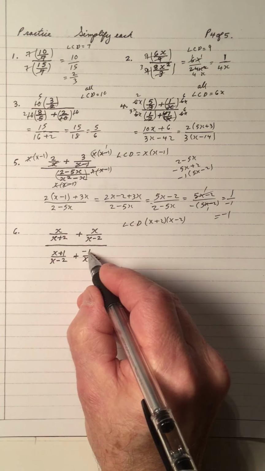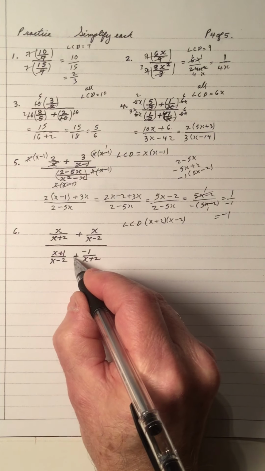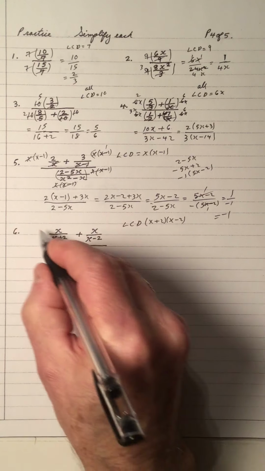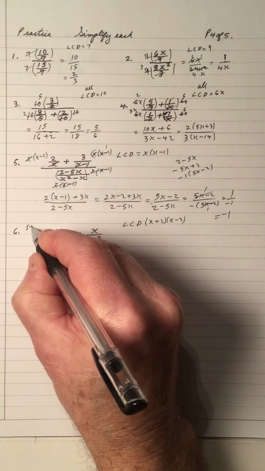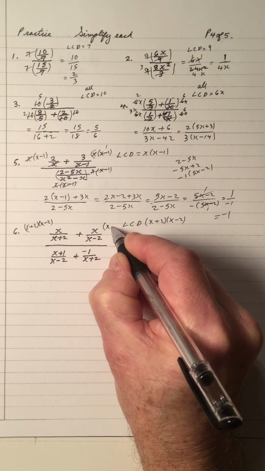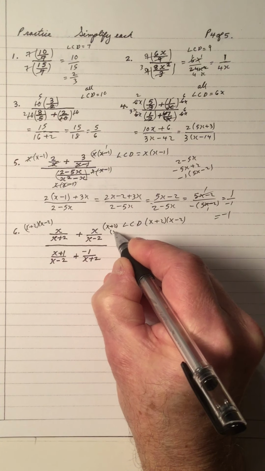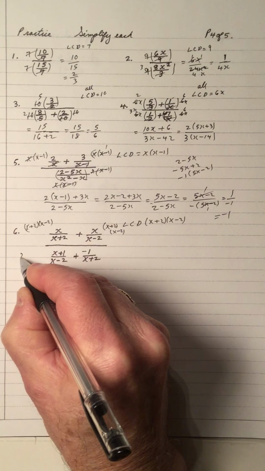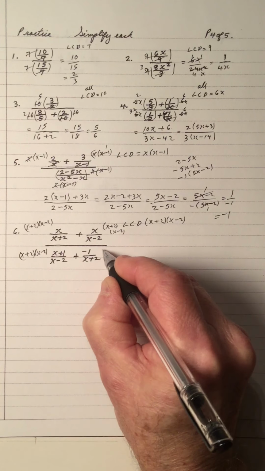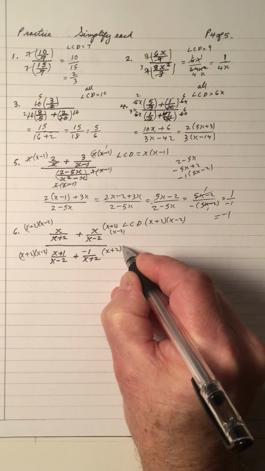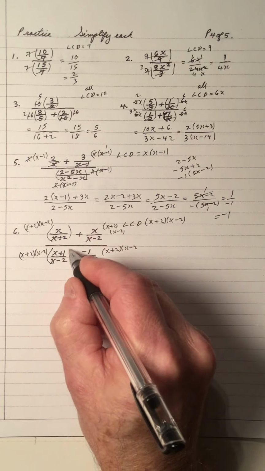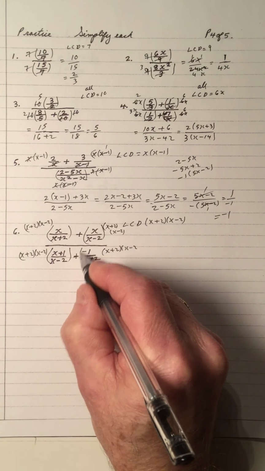Add on negative 1 over x plus 2. We change the negative to a positive. And so we got an x plus 2, x minus 2 multiplied on each fraction. So bracket, bracket, bracket, bracket.